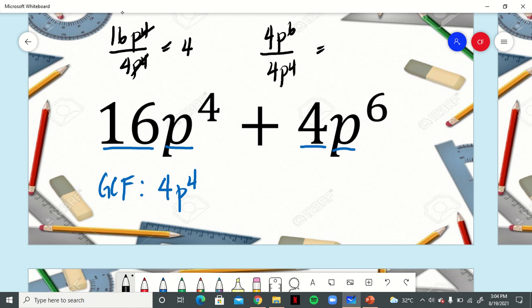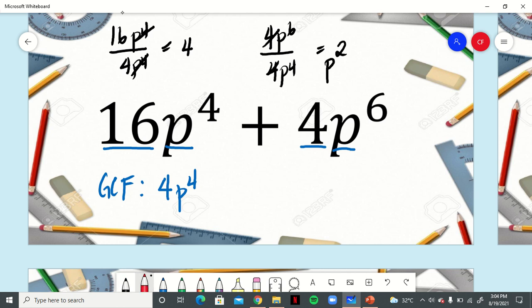Again, 4 divided by 4 is 1. P raised to 6 divided by p raised to 4. Yung gagawin nyo lang dyan, class, subtract nyo lang yung exponent. So 6 minus 4 is 2. Okay? So kopyahin lang din natin yung variable na p. Again, minus lang po yung exponent, and then kopyahin lang po natin yung variable na p. So bali p squared na lang.